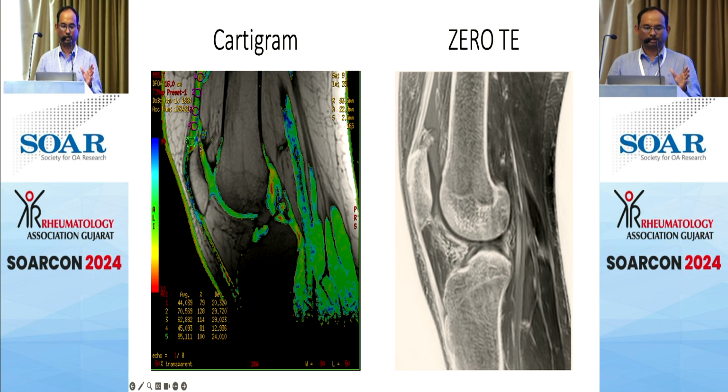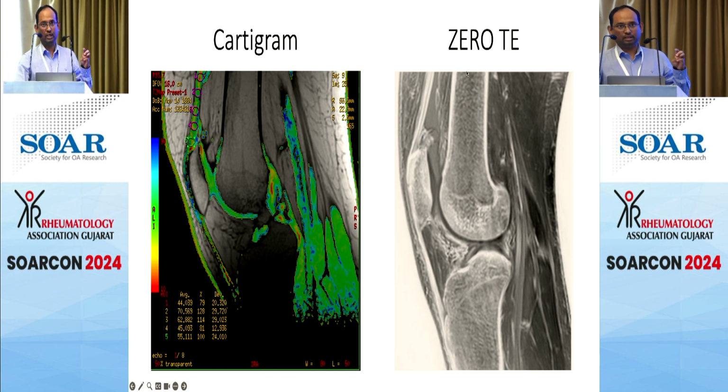This is the loss of articular cartilage. The green and blue are the normal articular cartilage. This is something called zero TE. This is not a CT image. This is an MRI image, but in this advanced sequence, the bone can be seen as in a CT. So we can, to some extent, avoid doing a radiation CT procedure.